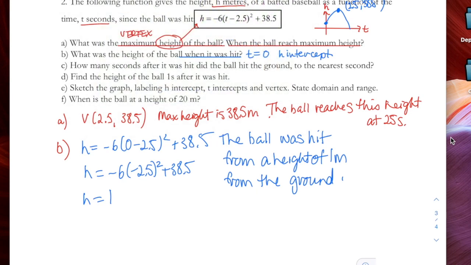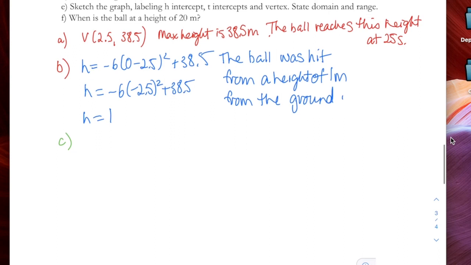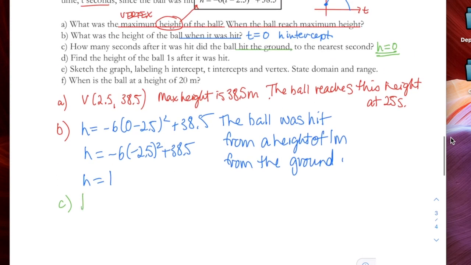So C, how many seconds after it was hit did the ball hit the ground to the nearest second? So hit the ground is another key point on our parabola. As you can imagine, that's when our height is 0. So let's give this a go. Okay, so I know h is 0.